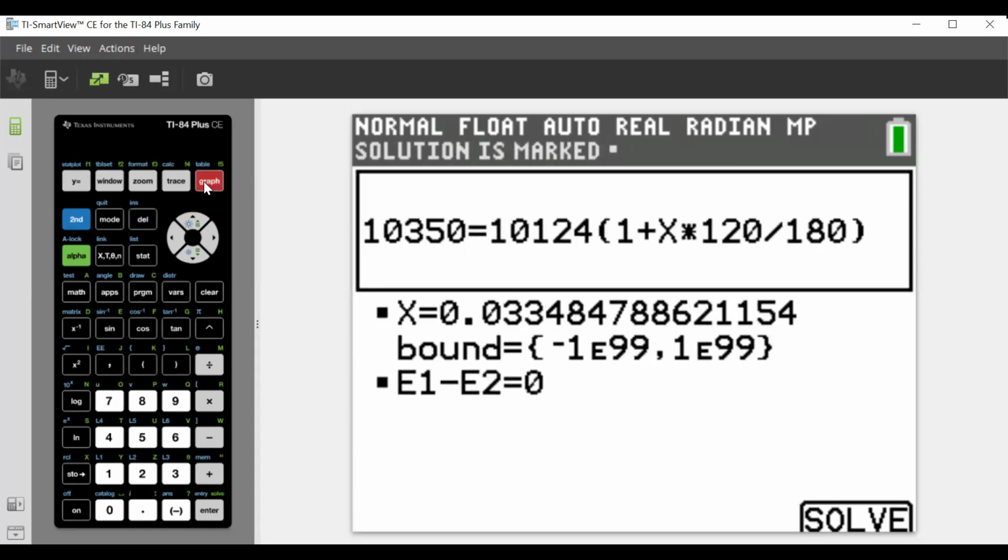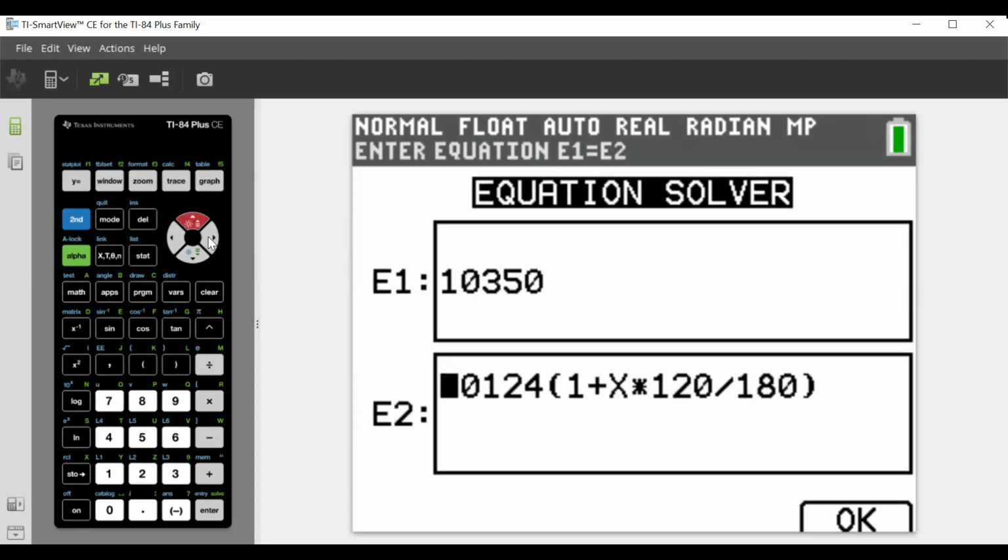Oh, wait a minute here. That's why I have something wrong. There's 120 days out of 180 days, but the key is we need to convert that into years. So it's really going to be 120 days out of 360 total days.